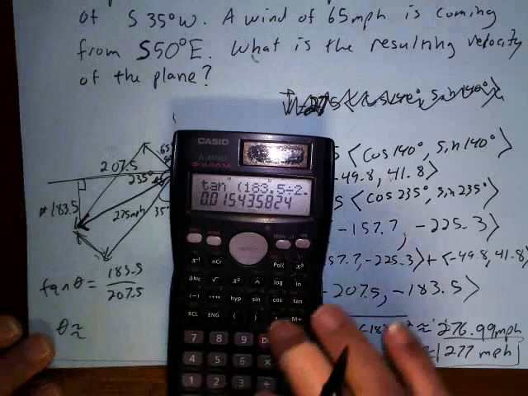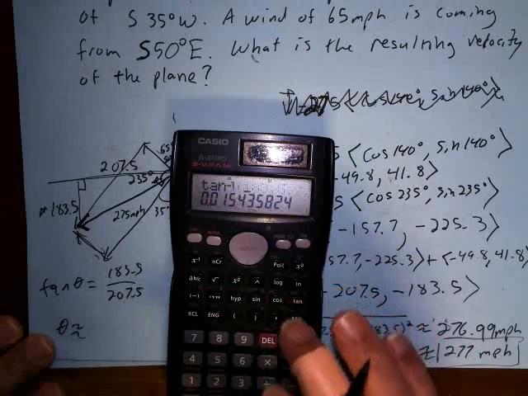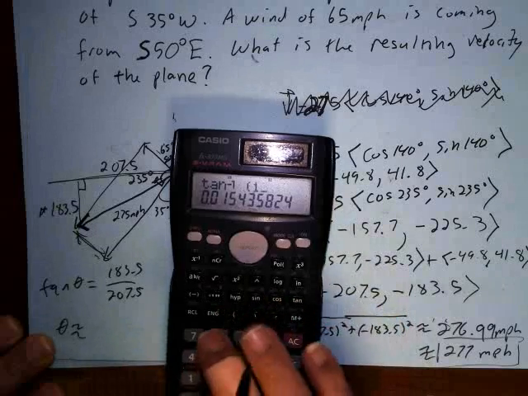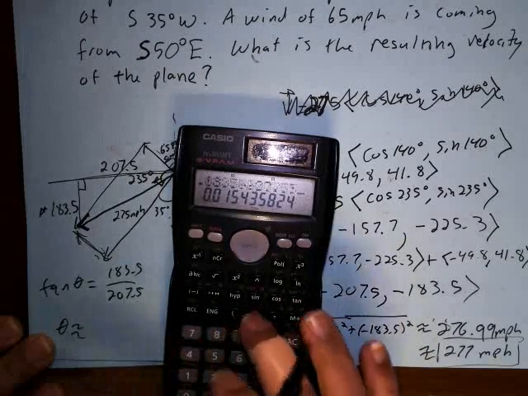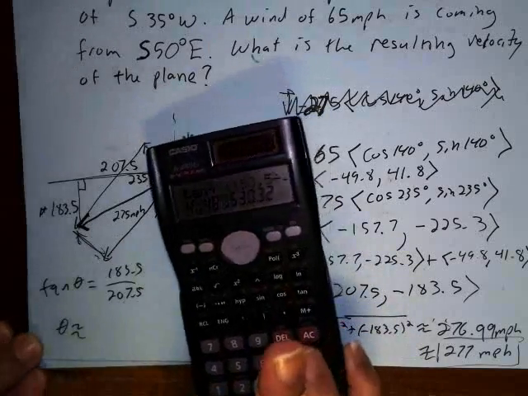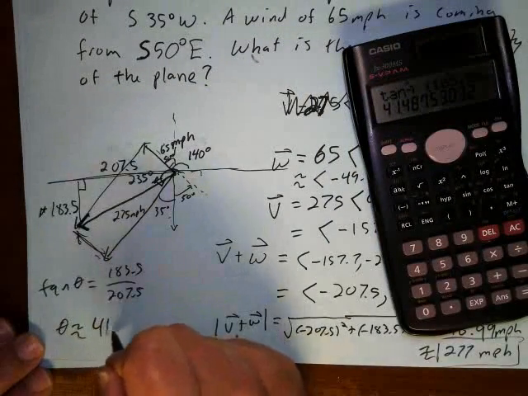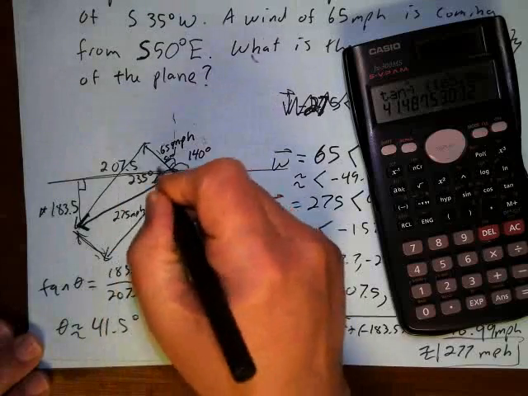Oh, I did the tangent of that. So let me do this again. Inverse tangent of 183.5 divided by 207.5. And I got like 41.5 degrees. Now that's that.